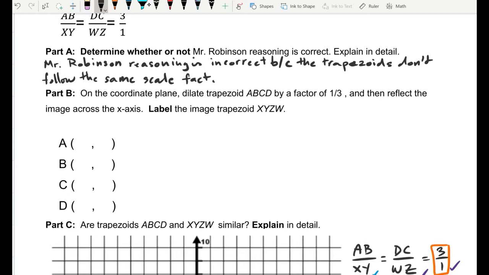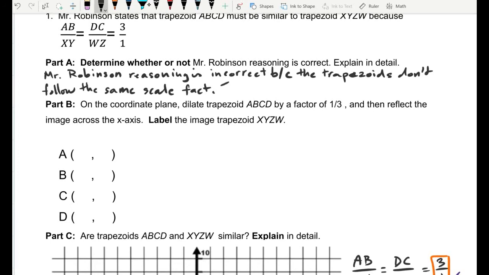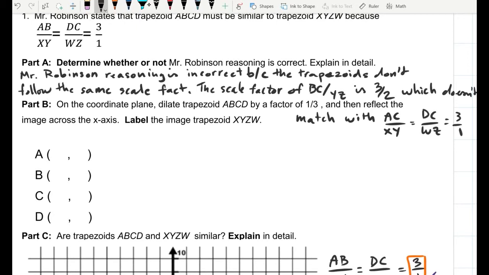The scale factor of BC over YZ is 3/2, which doesn't match with AB over XY and DC over WZ equal to 3/1.